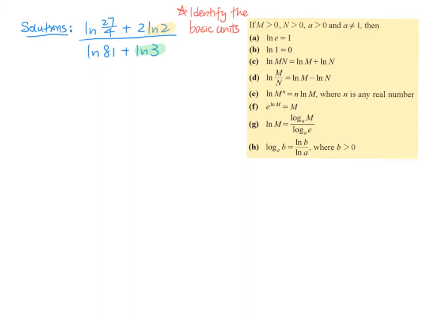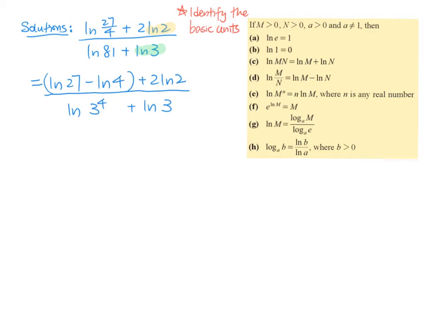For the numerator, I've broken down ln of a over b into ln a minus ln b, using this law right here. This one's very important.